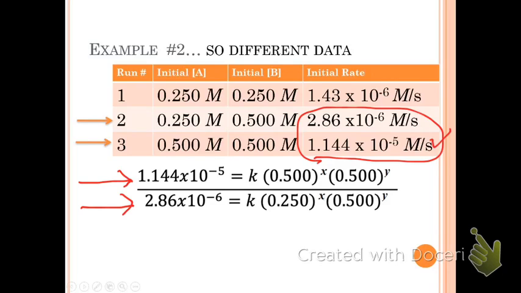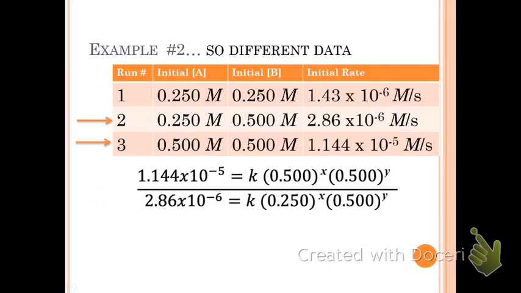Because again, while experiment 2 has a number of 2.86 and experiment 3 has a number of 1.144, experiment 2 is to the power of negative 6 and experiment 3 is to the power of negative 5, so it's a larger number.